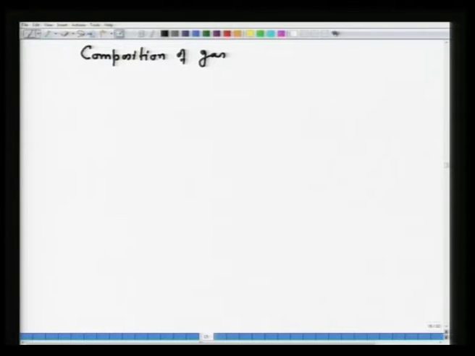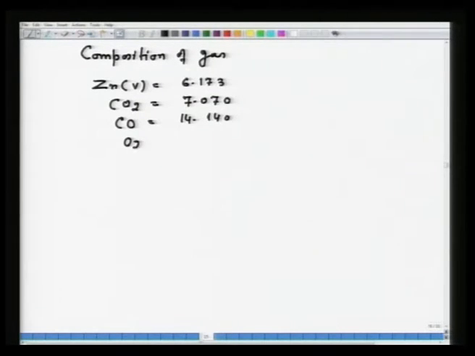Now, we can write down, say, zinc vapor 6.173, CO2 7.070, CO 14.140, oxygen 4.40, and nitrogen you have to add 39.875, which you have determined earlier, plus 16.53 which is due to the excess oxygen.